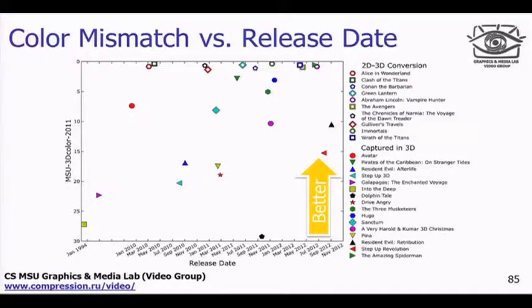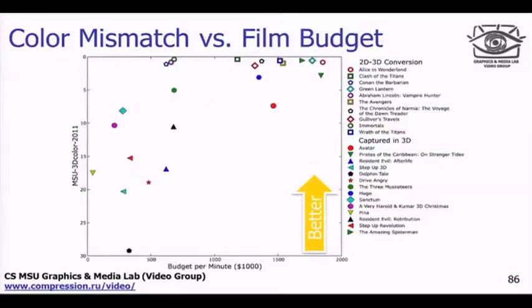So it was obviously a mistake of conversion, but anyway, it happens. And here is again a comparison with a different budget, and you can see that Step Up Revolution still has better results than Step Up 3D, but the difference becomes smaller.